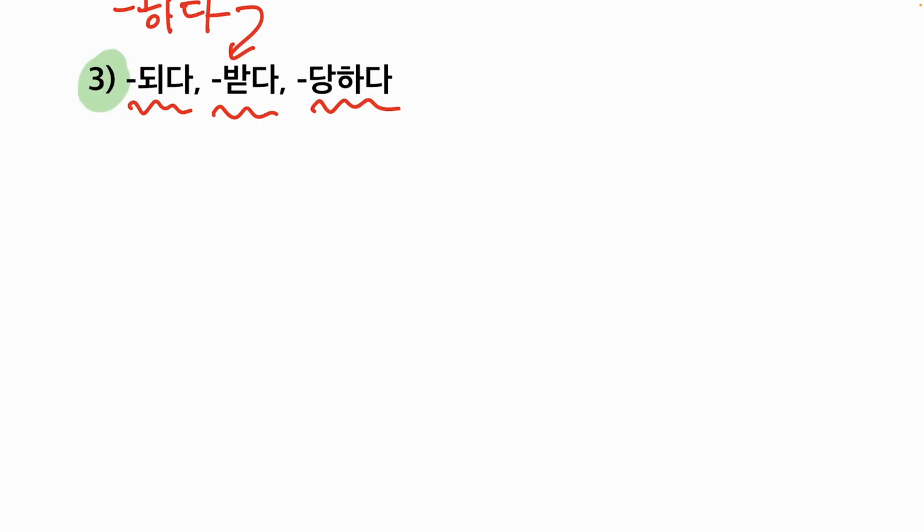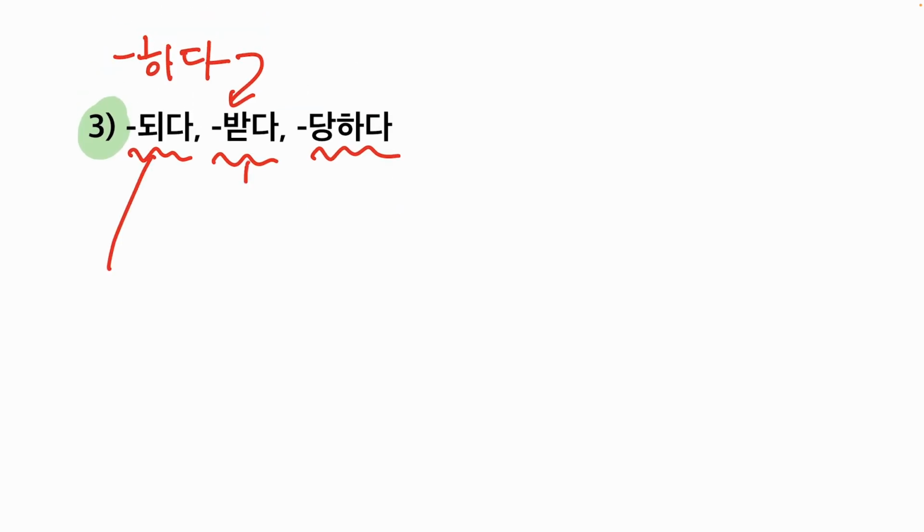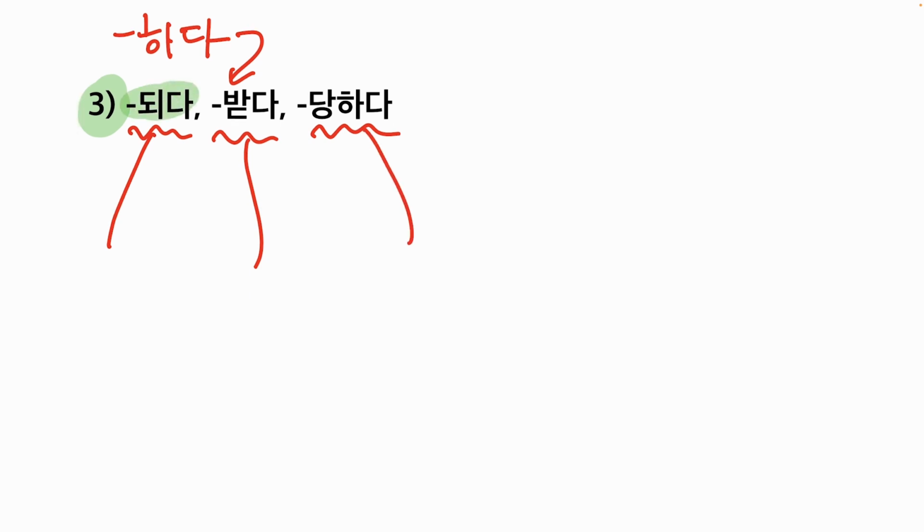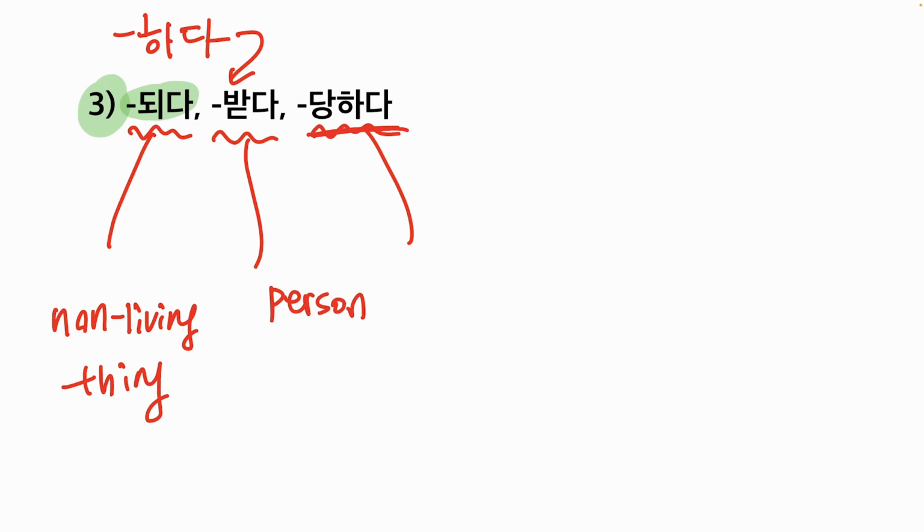And this is actually a pretty logical rule. 되다 is used when the subject of the passive verb is a non-living thing. And 받다 is used when the subject of a passive verb is a person. And 당하다 is also used when the subject of a passive verb is a person, but also when the verb is something negative.